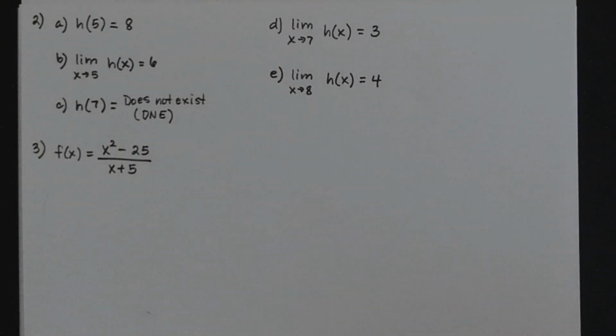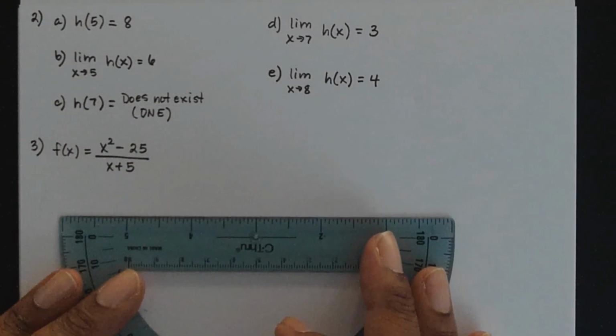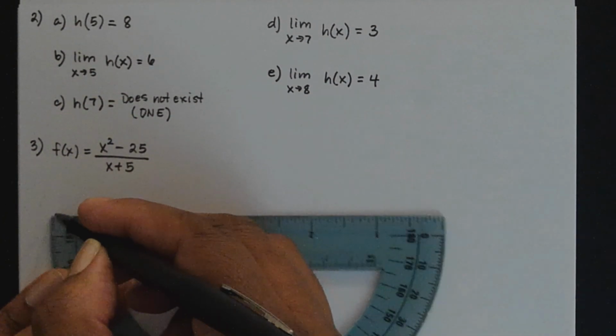And here we're going to calculate f of x for each value of x in that following table, and then make a conjecture or conclusion about the value of the limit as x approaches negative 5 of x squared minus 25 divided by x plus 5. Okay, so I'm going to go ahead and recreate that table.